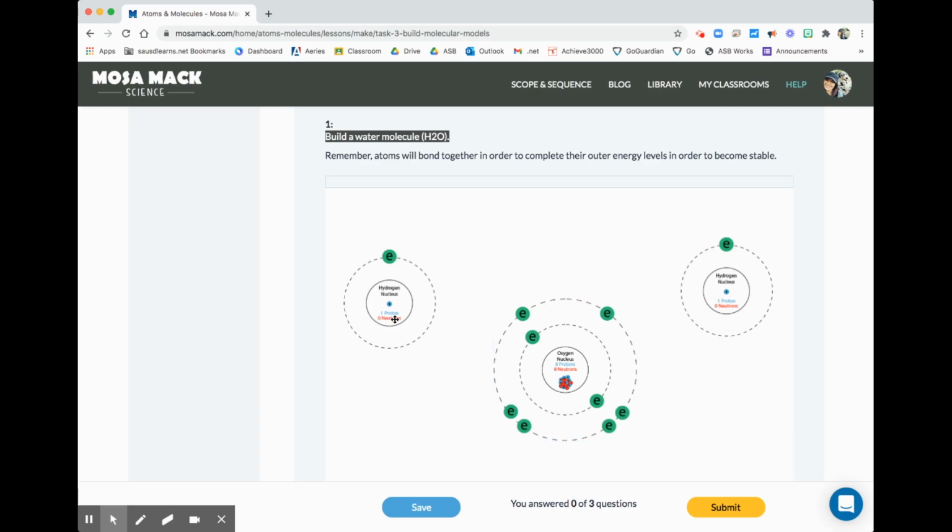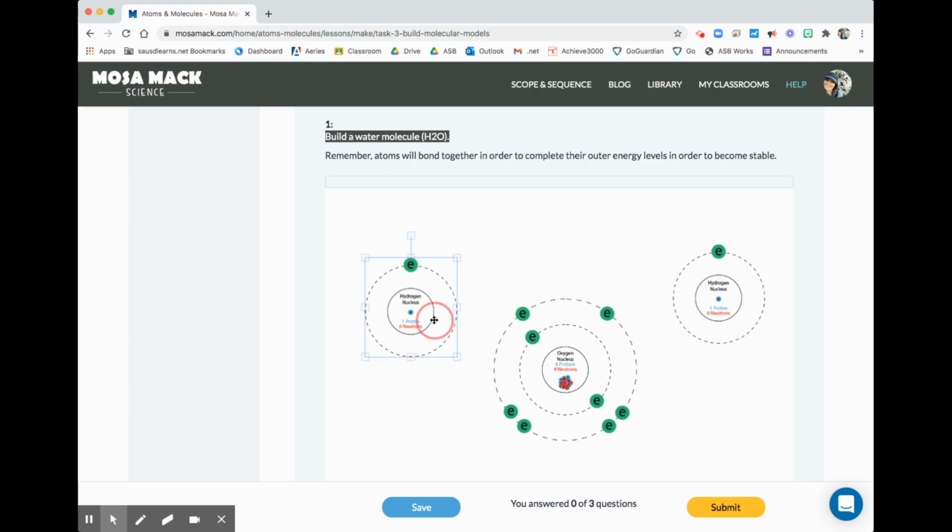Now all you got to do is make them complete. Where are you going to place this hydrogen in order for it to be complete? And where are you going to place this hydrogen in order for its inner shell to be complete? If you play around with it, you can't make the atoms smaller, but you can rotate them using this little square that sticks out right there.